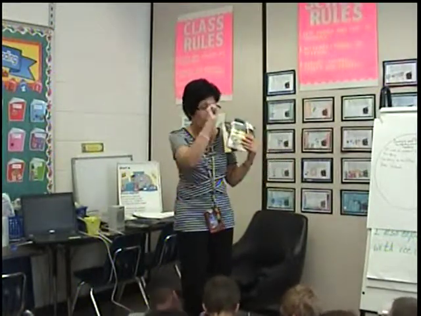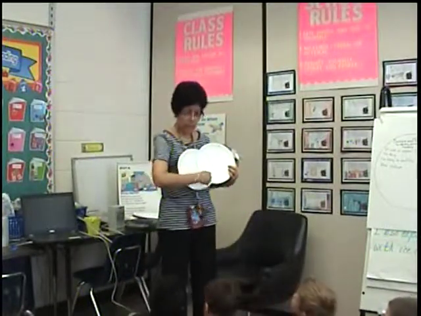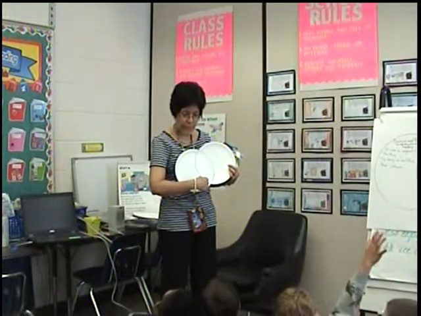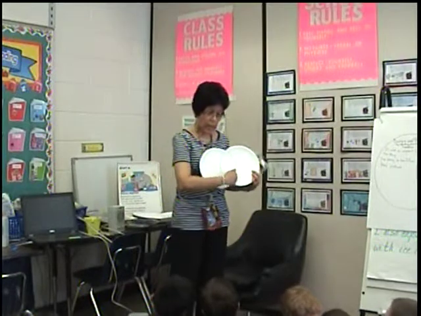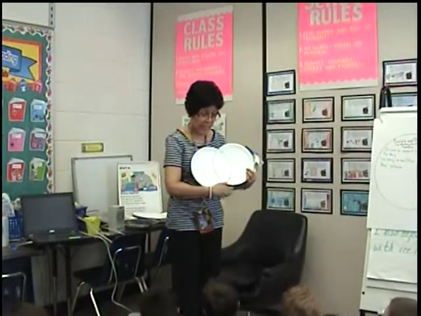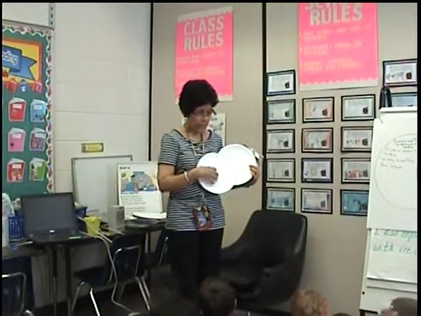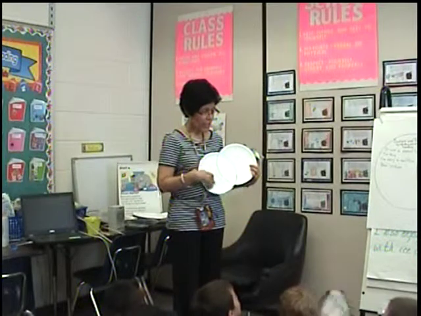And once you have it, in the middle, what are you going to write in the middle? Matthew? What's going to be the same? Exactly. In the middle, you're going to write what is similar, what is the same. Excellent. What are you going to write on this side? Somebody besides Matthew. Sonia.